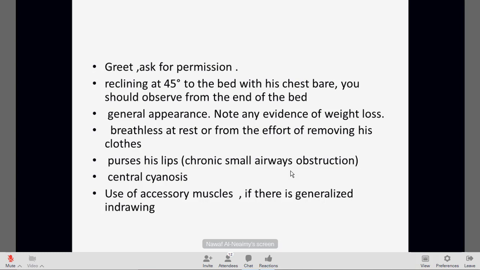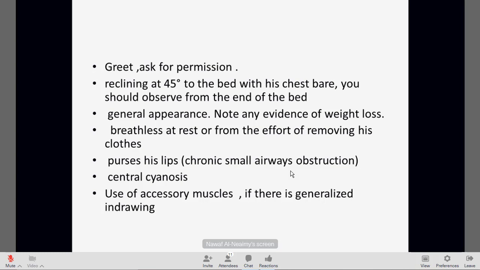Also, you can notice whether the patient is using his accessory muscles of breathing, especially the neck muscles. This also gives you a clue that the patient is in respiratory distress. You can notice that there is anything surrounding the patient and anything that's connected to the patient, like there is a nebulizer beside the patient, or he is actually using the nebulizer, or there are inhalers beside the patient.